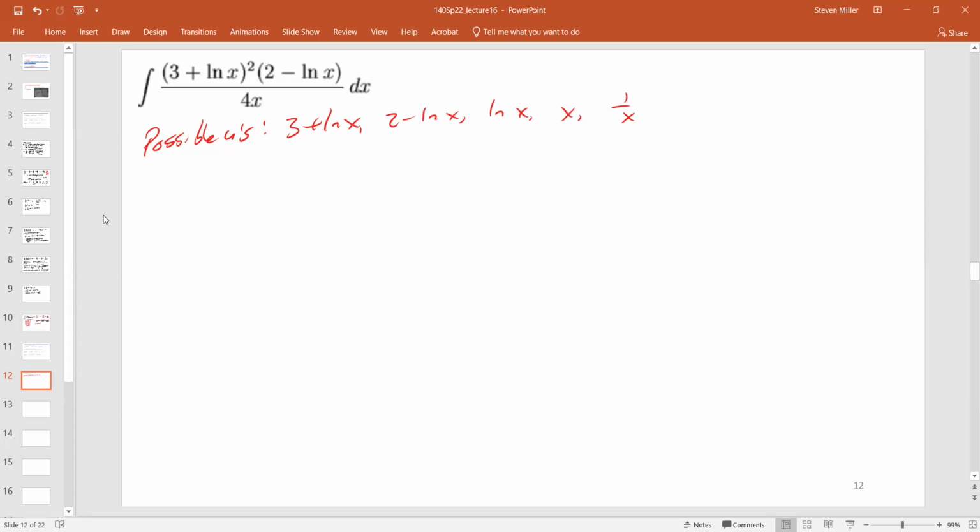I'm just looking at what's in play for this problem. All the different factors. 3 plus ln x and 2 minus ln x. And those are potentially bad choices, because if I choose one of them, the other one's not going to be as nice. Although I could do 3 plus ln x is equal to negative 2 minus ln x plus 5.